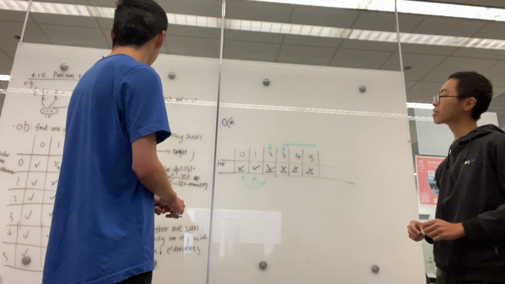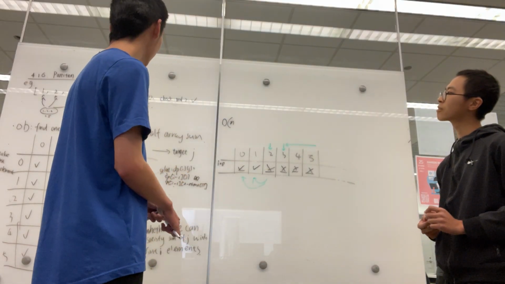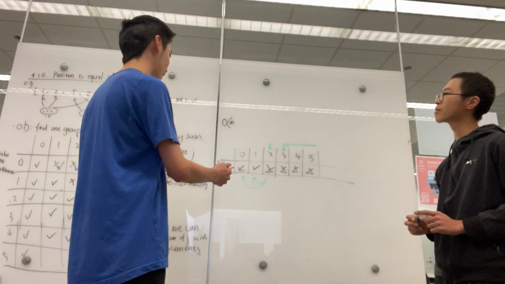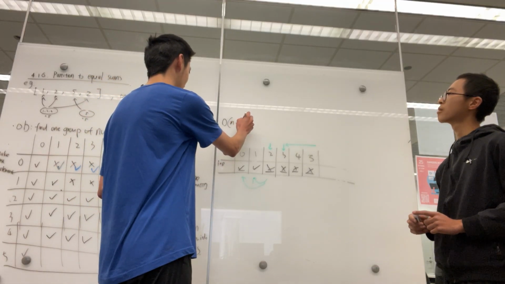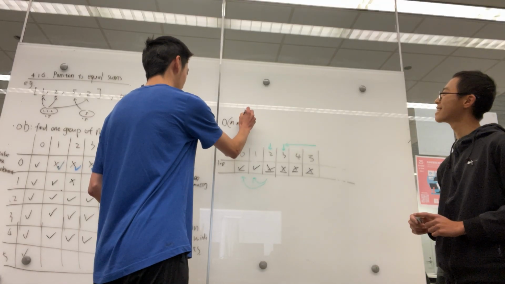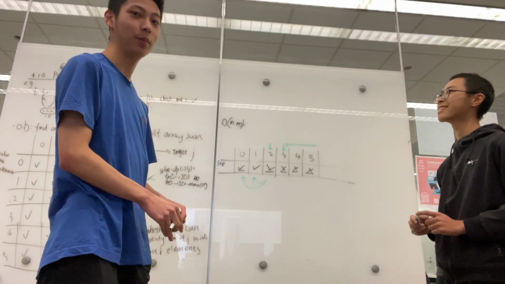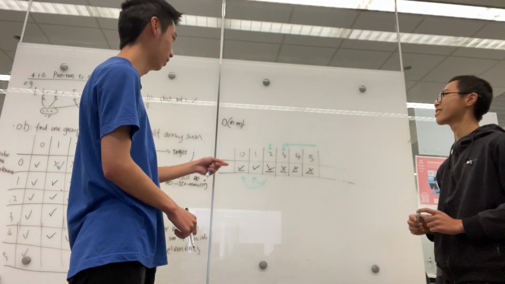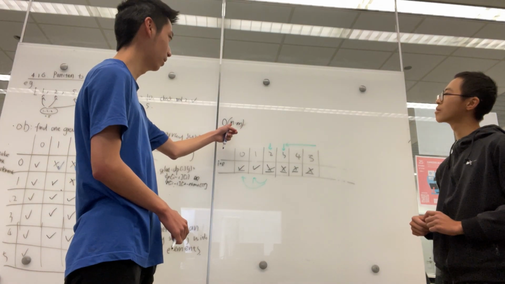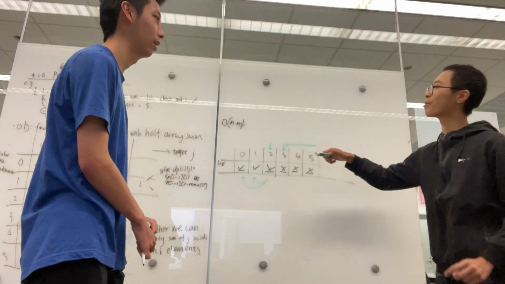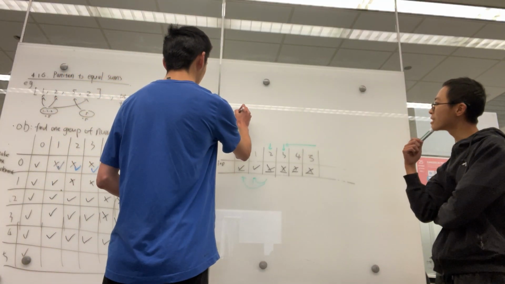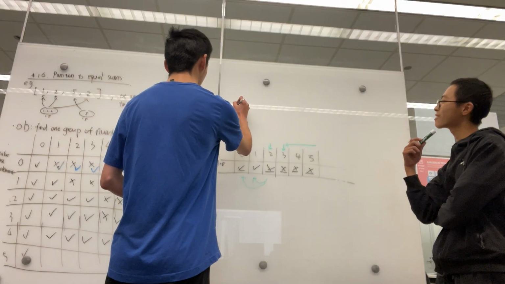Let's call the target M. So that's basically the time complexity: O of n times m. Could you maybe write that M is the total sum divided by 2? Yeah, that's good.